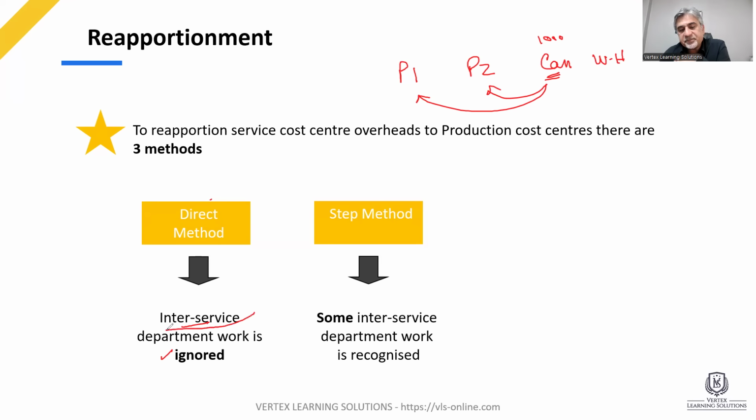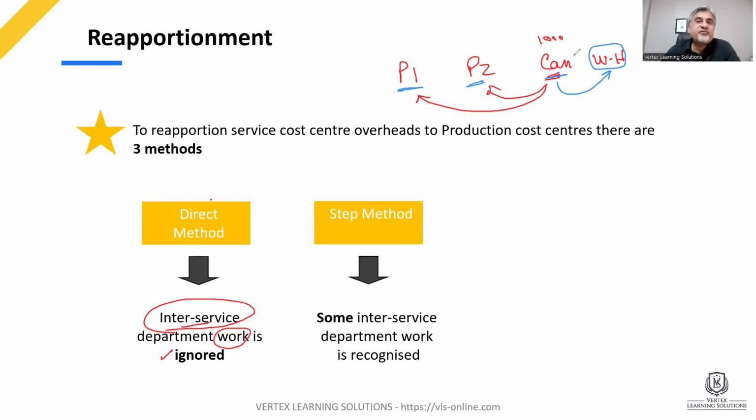But inter-service department work, what does that mean? It means that sometimes these service departments not only provide service to the production department, they actually provide service to another service department as well. For example, the people who work in production, they come to the canteen and they eat food. People who work in production two also come to the canteen to eat food. But we have warehouse people as well.